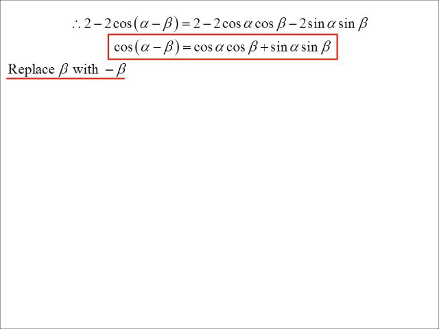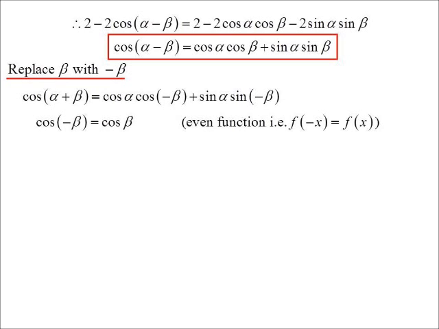Now what I'm going to do is replace beta with minus beta. So everywhere I see beta, I'm going to put minus beta. So it becomes cos of alpha minus minus beta, so alpha plus beta. Now, cos of minus beta and sine of minus beta, I'm going to play with odd and even functions. If you remember, cosine is the even function, so the cosine of minus beta is the same as cosine beta.